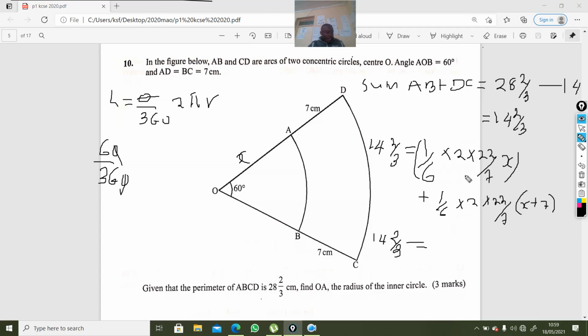If you multiply the two, just use your calculator and do it. You get 44 over 21x, and the constant term comes to 44 over 6, which simplifies.